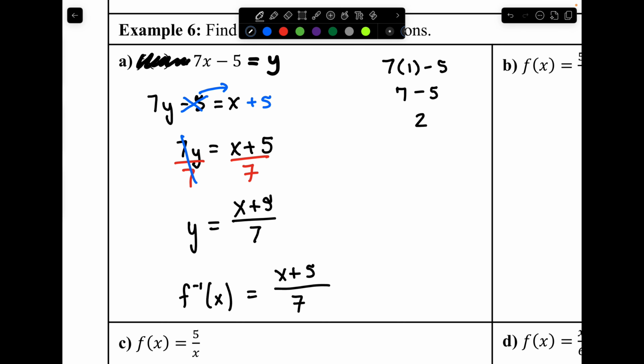So following PEMDAS, for any x value, whether that number is 1, 8, or 12, I would first multiply that number with 7. After doing that, that answer would then be subtracted by 5. So this again is following PEMDAS.